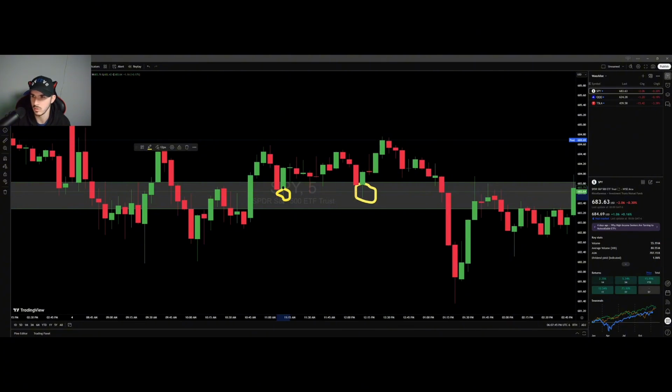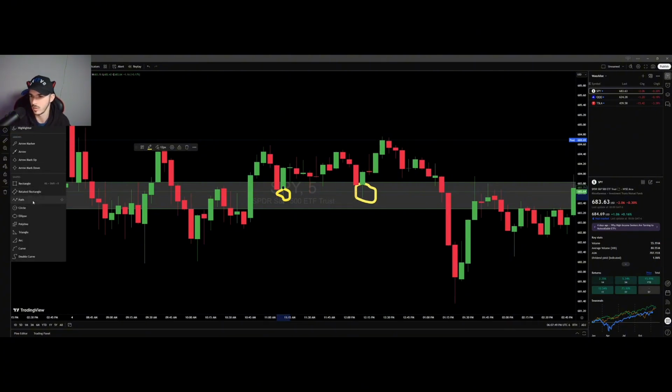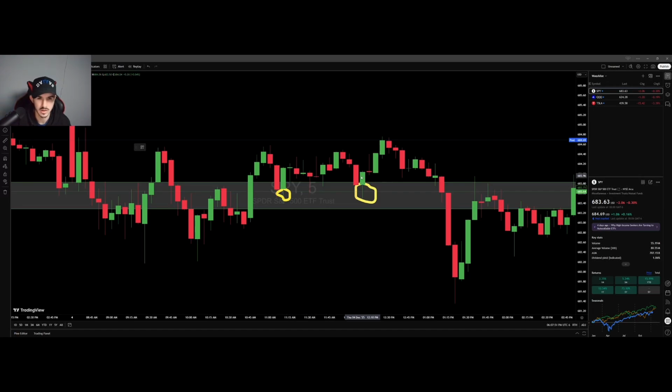So we got two bullish hammers, and all we're looking for is the move up after we close the hammer candle. On the 5 minute, we'd wait for the close, and then we would look to take entry, right? You can see it continued up to almost 685. That'd be a pretty good trade right there. Same thing here.